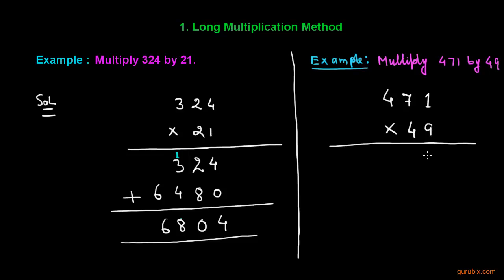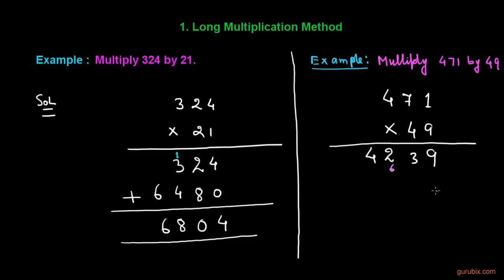Then 1 times 9 is 9. 7 times 9 is 63. We shall write 3 here and carry 6 to this place. And 4 times 9 is 36. 36 plus 6 is 42.